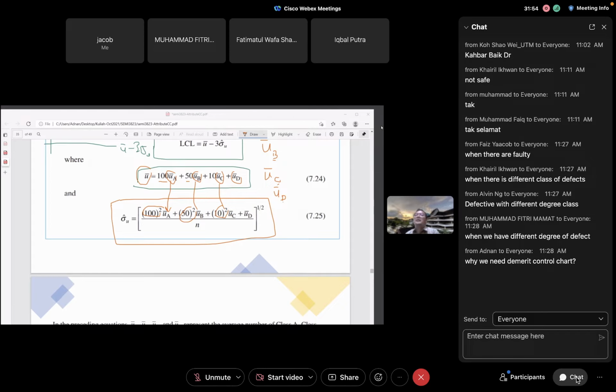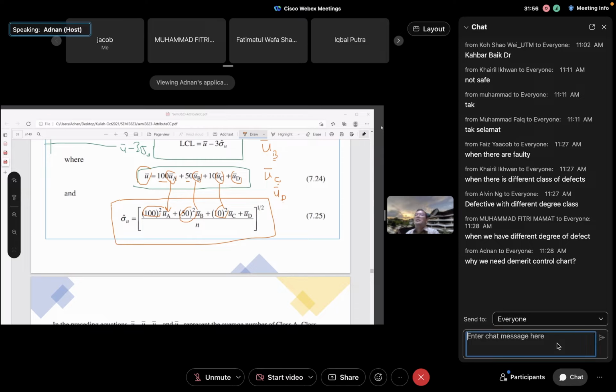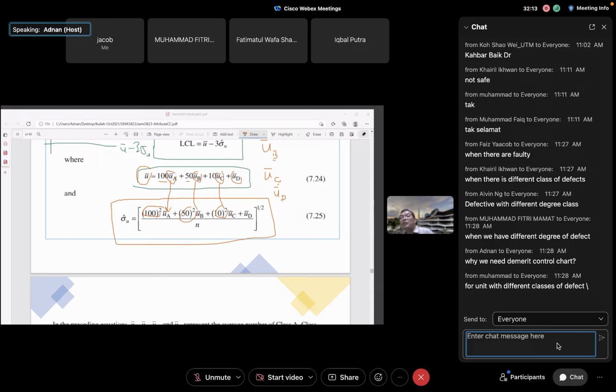Okay, Muhammad Fitri says when we have different degrees of defects. Okay, correct. Alvin says defective is a different degree of class. Okay, correct. When there are different classes of defects, they're faulty, but it's a different type of faulty. We cannot just lump sum.